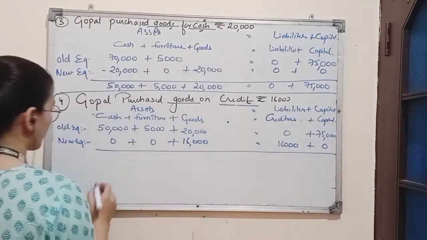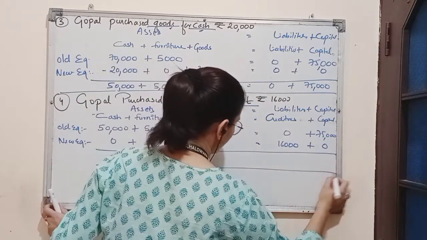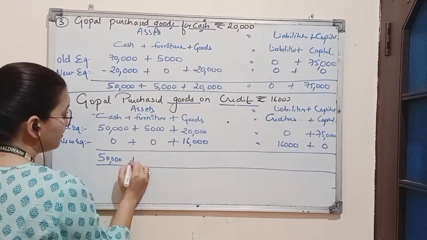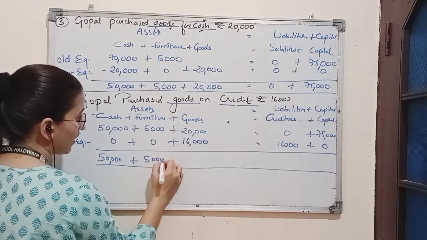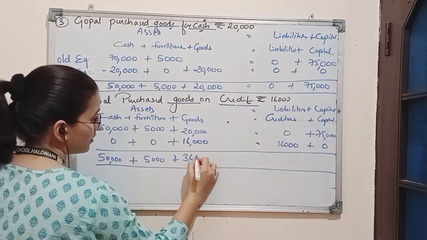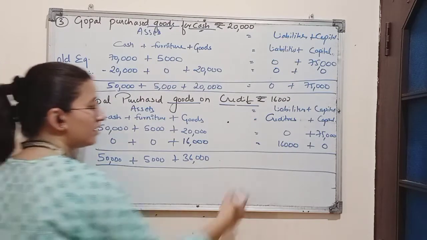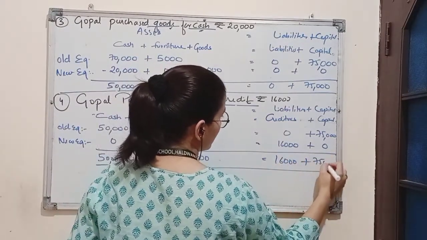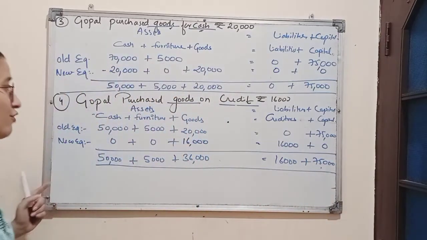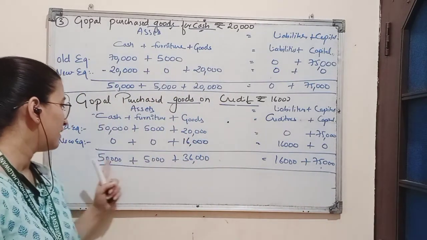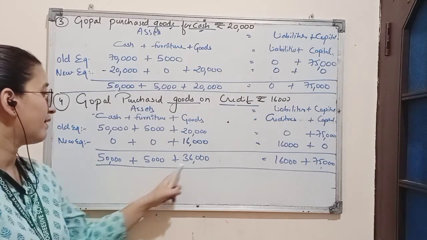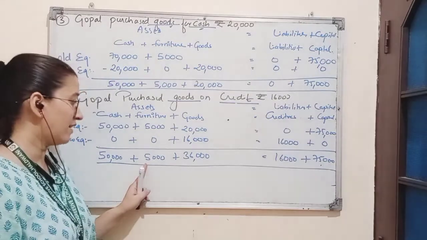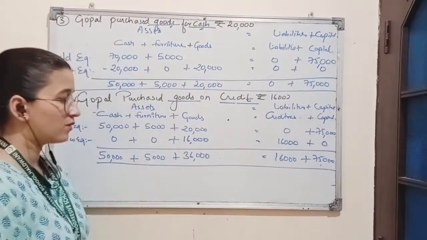So here cash will remain the same, 50,000. Furniture 5,000. Goods 36,000. Here creditors 16,000 and capital 75,000. Now if we total the asset side, here 50 plus 36 is 86. 86,000 plus 5,000 is 91,000.